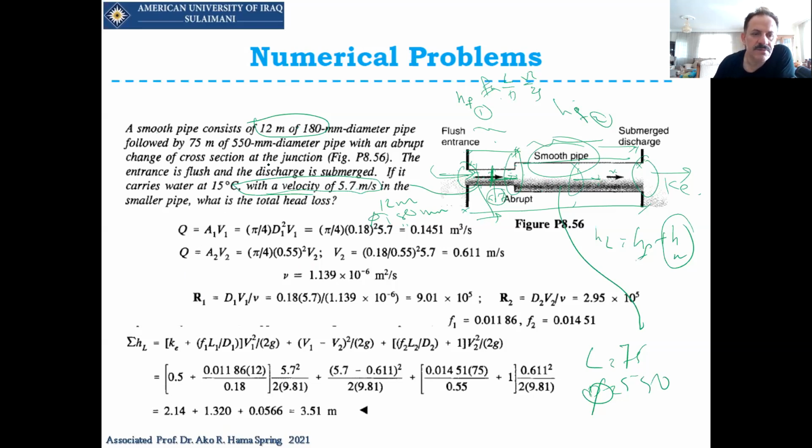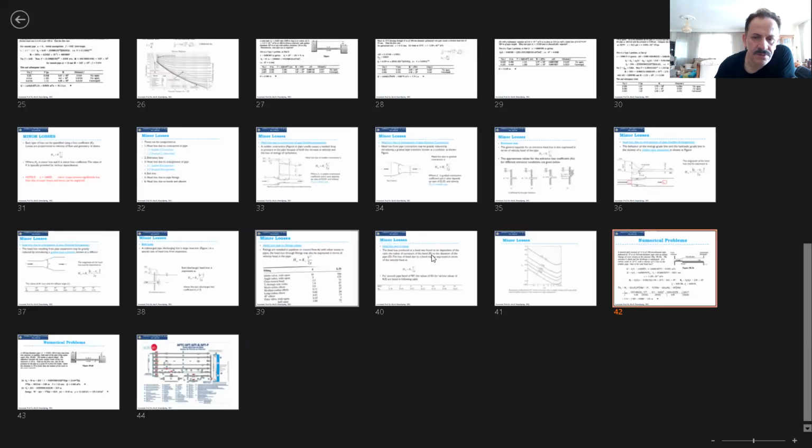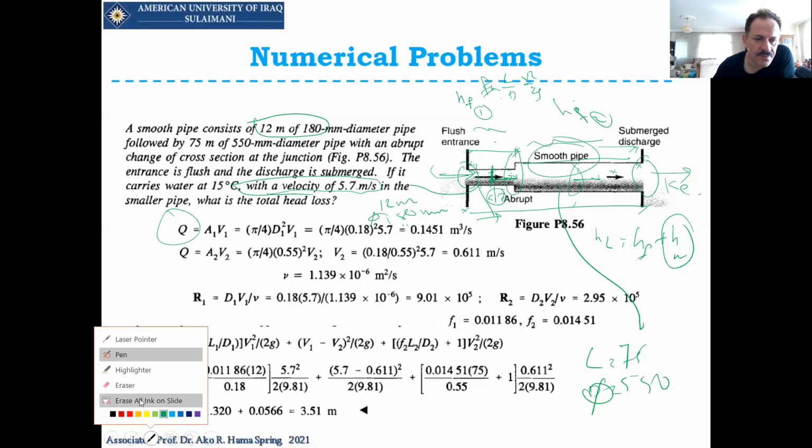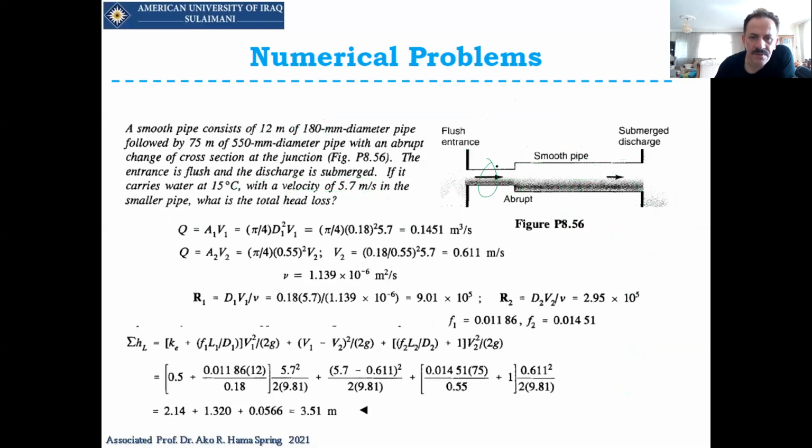So the first step in finding the head loss is to know the Q, the discharge. As we know, the discharge in this pipe is equal to velocity times A. The velocity is given to you, it's 5.7.